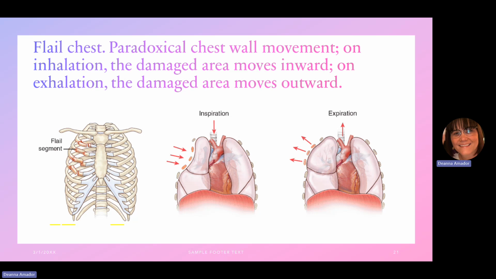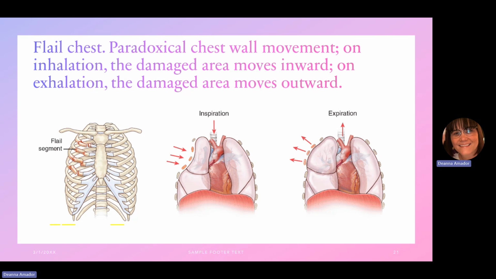Flail chest is defined as three or more adjacent ribs that have been fractured in two or more places as a result of a blunt or crushed chest trauma, resulting in a free segment of the ribs. So this paradoxical chest wall movement is a hallmark sign associated with a flail chest.